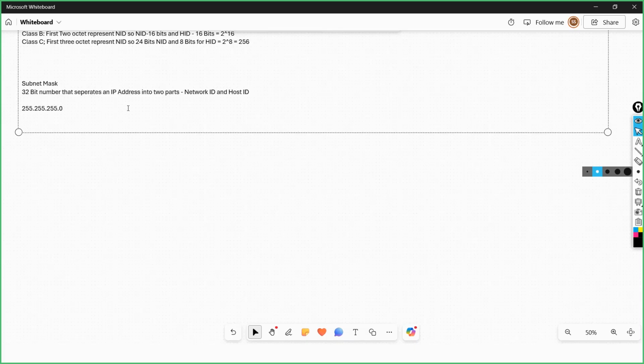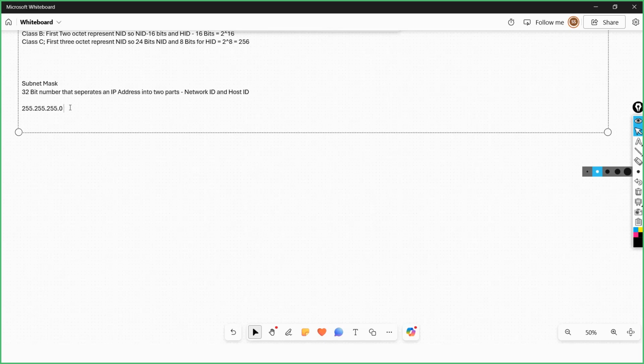So in your PC, the subnet mask is 255.255.255.0, meaning that the first three octets, 255.255.255, represent the network, and the last octet represents the host.